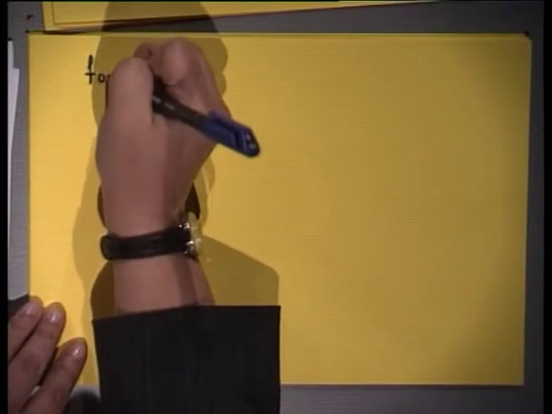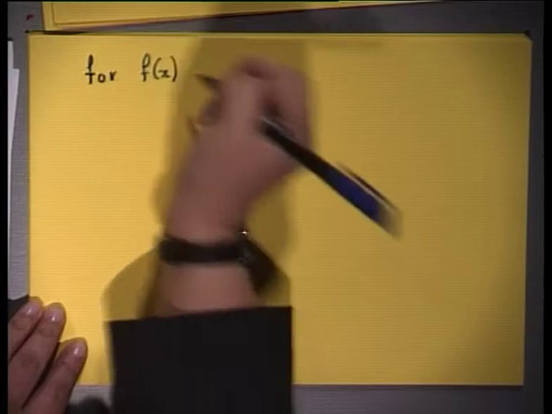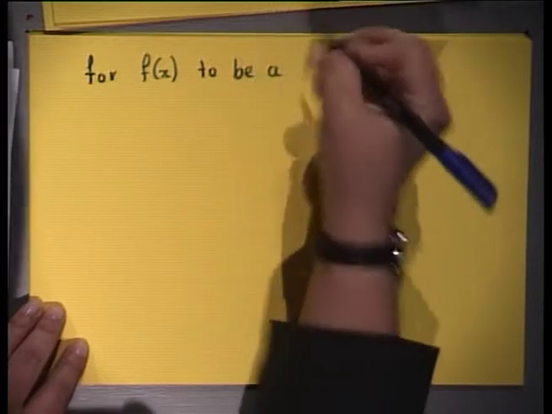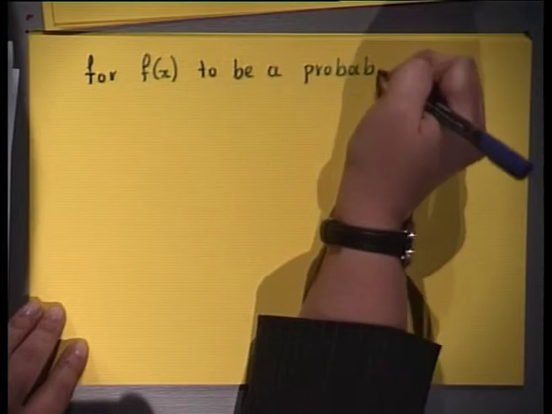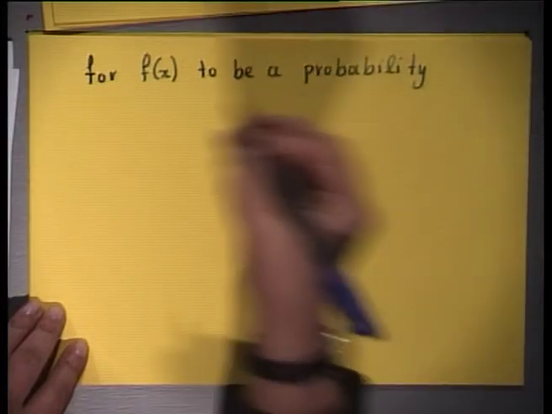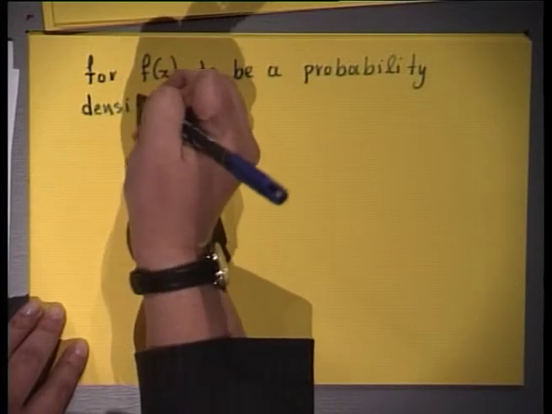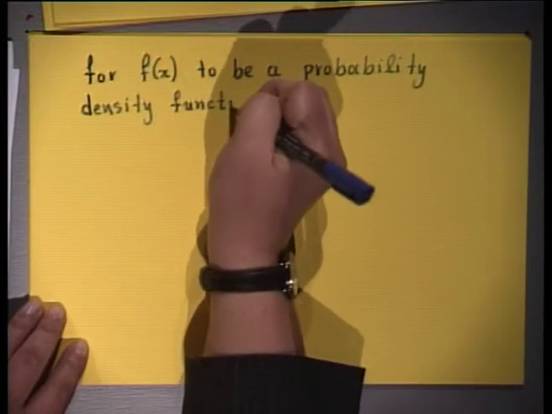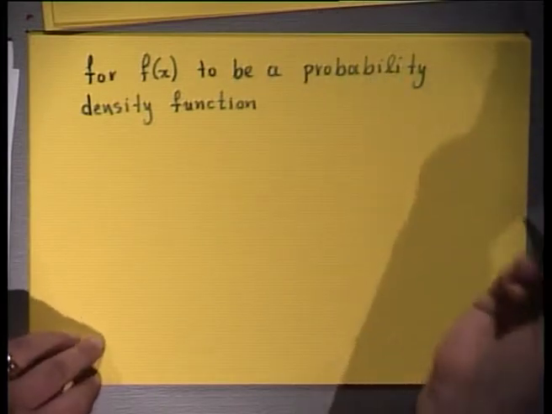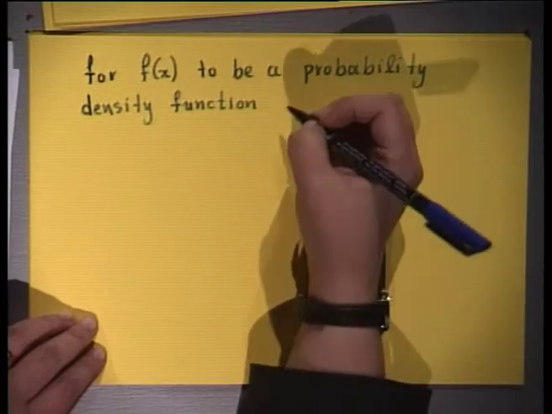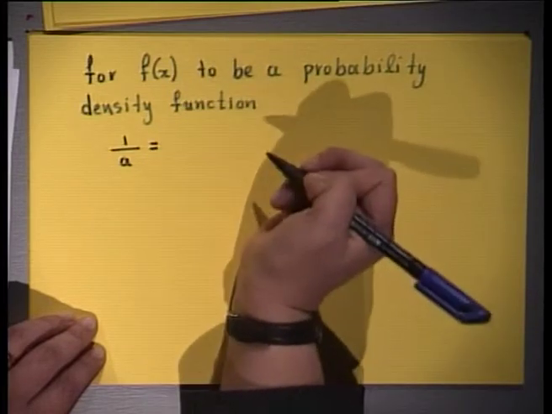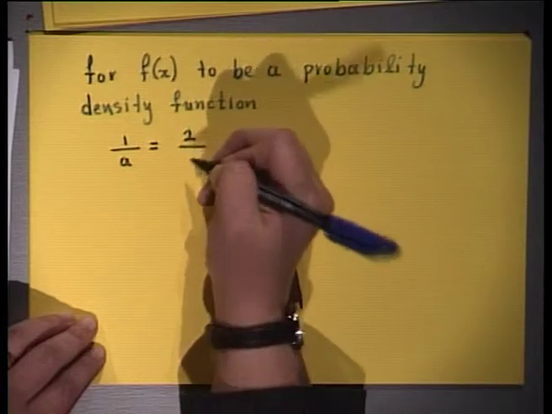So in order for f of x to be a probability density function, we should have that 1 over a equals 2 over b.